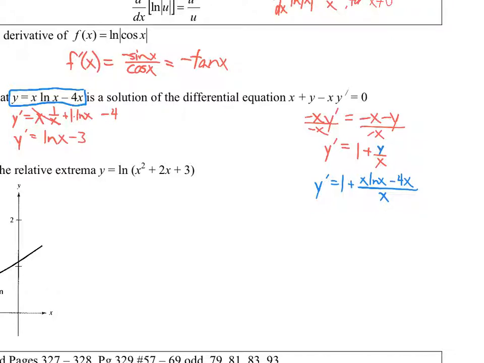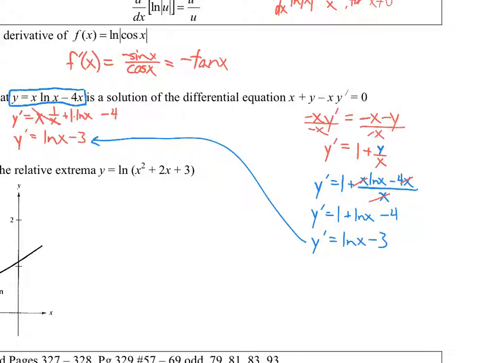And then, of course, this x and this x are a common factor of the numerator, so I can cancel that out with the x on the bottom. And look at what I've got. I've got y prime equals 1 plus ln of x minus 4, which is ln of x minus 3, which is what we were looking for.